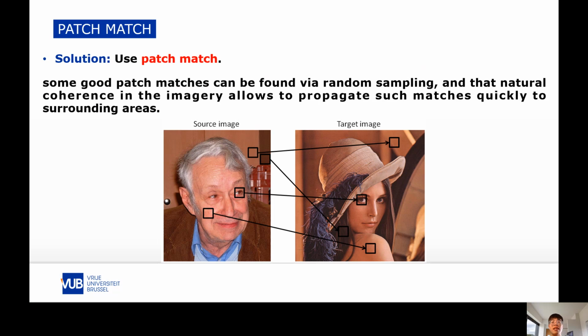This figure shows what a matched patch is. We can see that the patch is just some small square area of pixels, such as 3 times 3, 5 times 5, or 7 times 7 pixels. And we want to get the best matched patch in the source image to the patch in the target image.